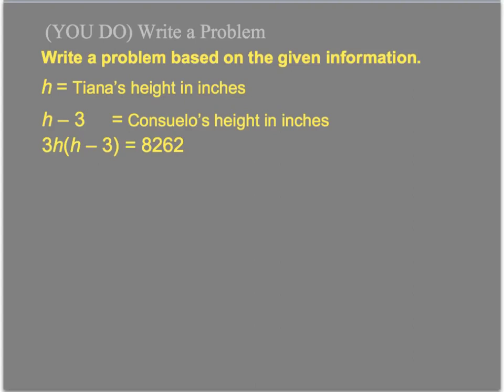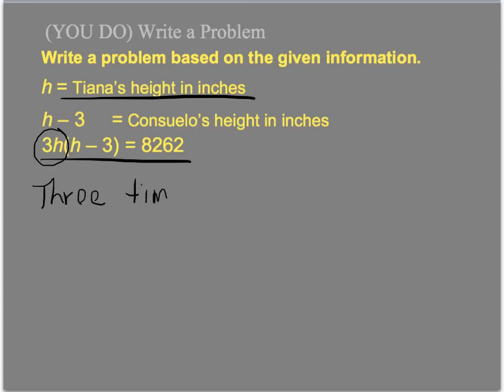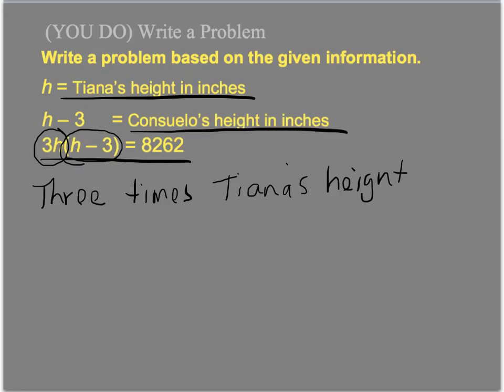Okay, so here we want to write in words this expression right here. On the outside we have 3h. We know that h is Tiana's height in inches. So we have 3 times Tiana's height, and then h minus 3 is Consuelo's height.